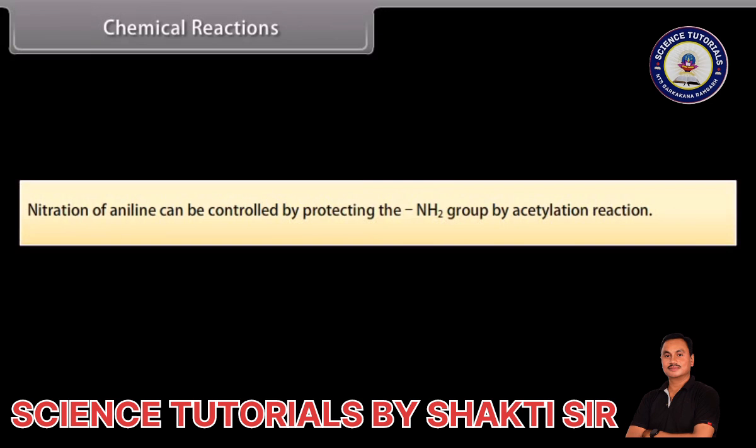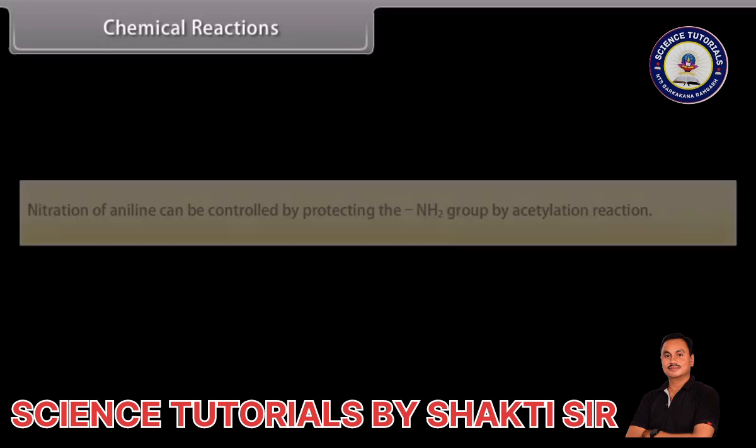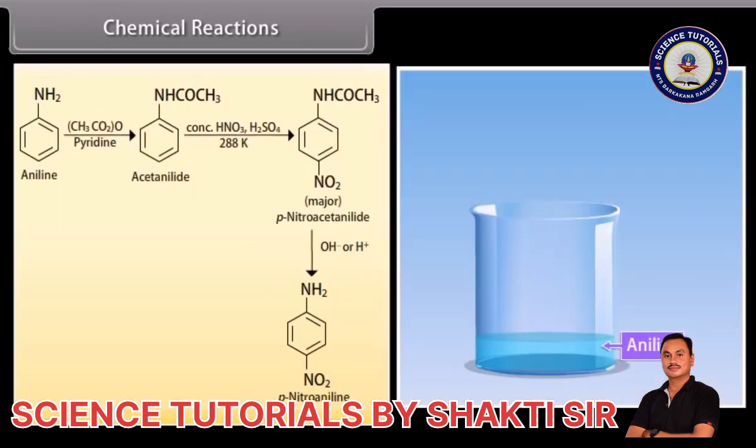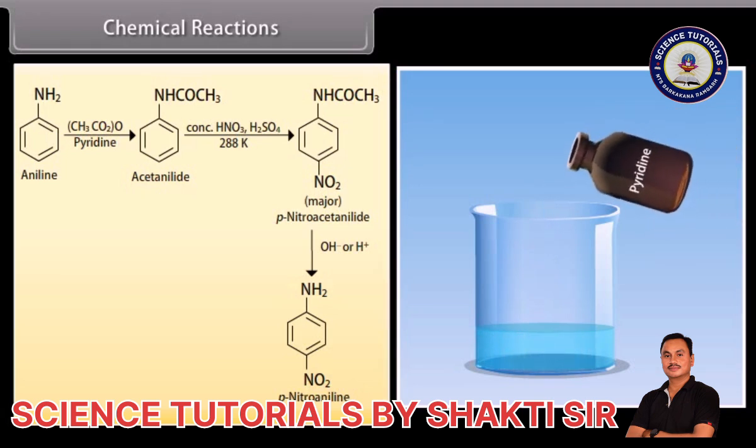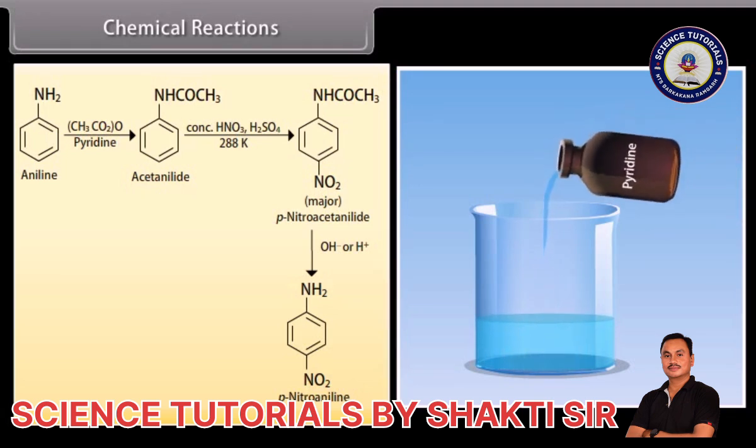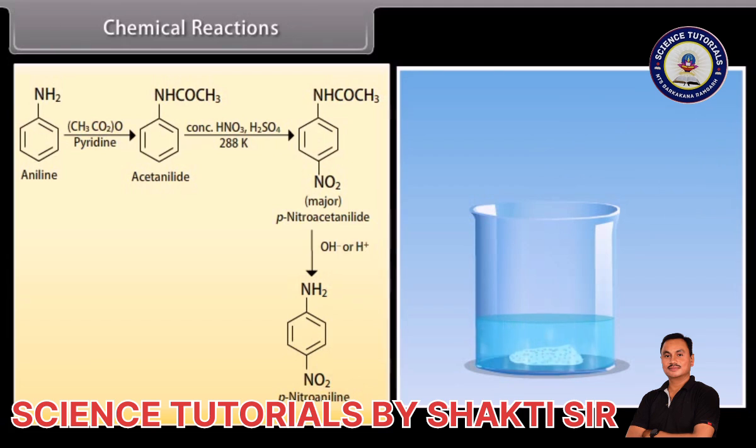Nitration of aniline can be controlled by protecting the NH2 group by acetylation. Aniline reacts with acetic anhydride and pyridine and forms acetanilide. Now add concentrated nitric acid and sulfuric acid at room temperature and form para-nitroacetanilide, followed by hydrolysis, which produces para-nitroaniline.